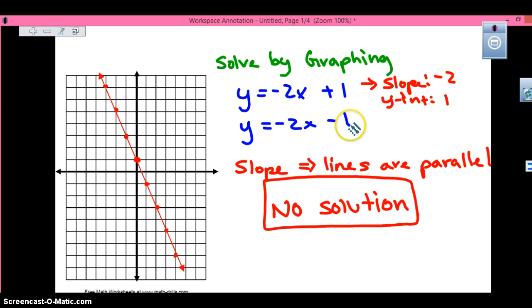If we graph the second line, the slope is negative 2, the y-intercept is negative 1, so we start at negative 1, down 2, right 1. Will these ever intersect?